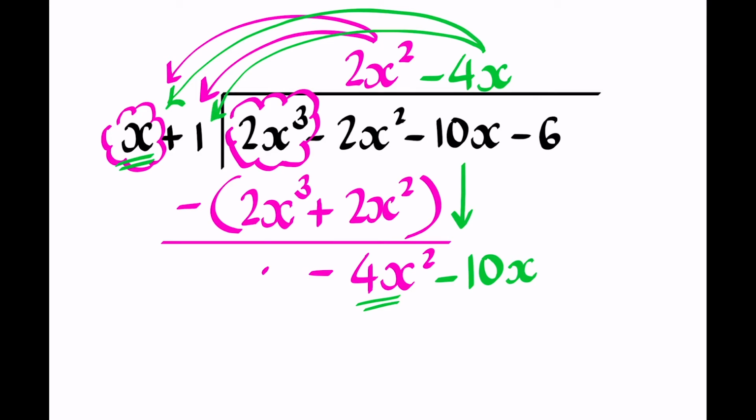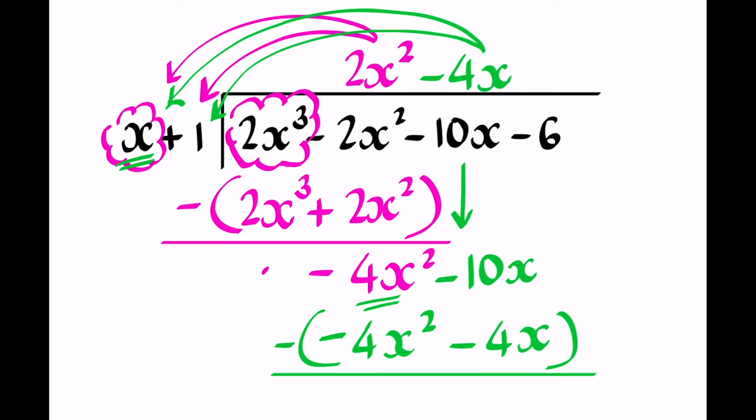Minus 4x times x is negative 4x squared, and minus 4x times positive 1 is negative 4x. Long division, I'm going to subtract. So now I have minus 4x squared minus minus 4x squared, which is minus 4x squared plus 4x squared, cancels out. Minus 10x minus minus 4x, which is minus 10x plus 4x, which is negative 6x.